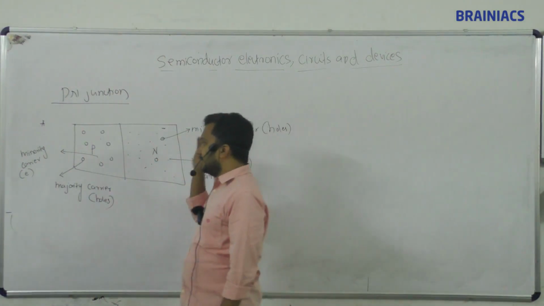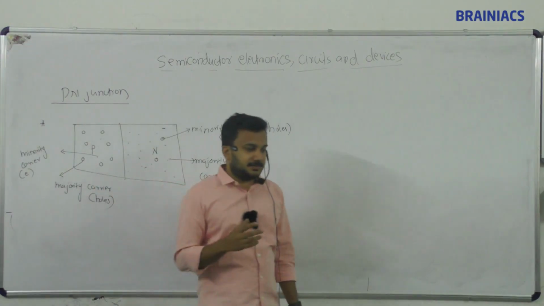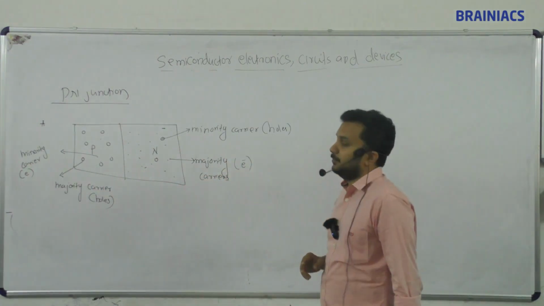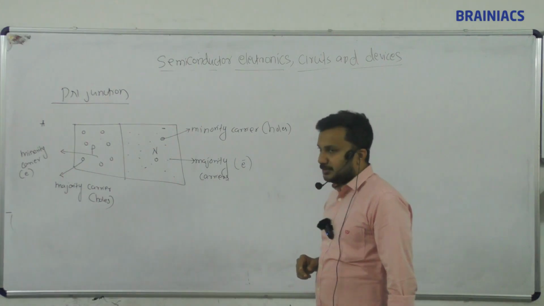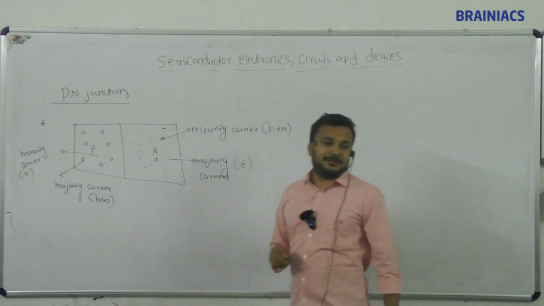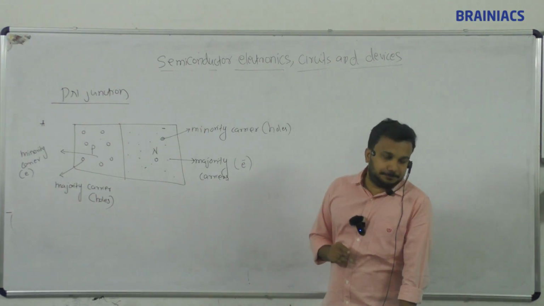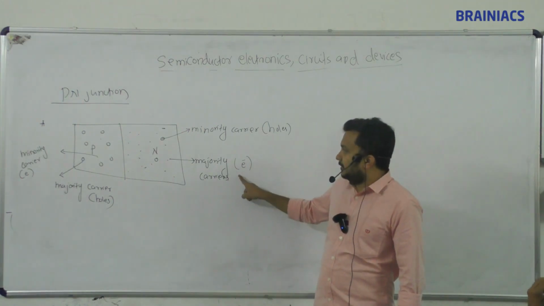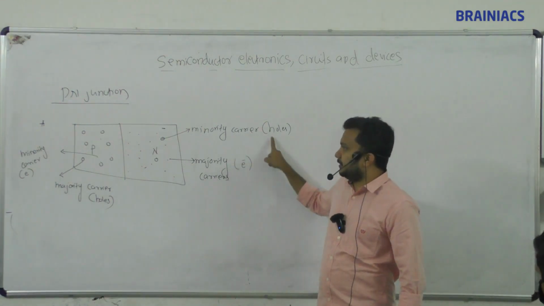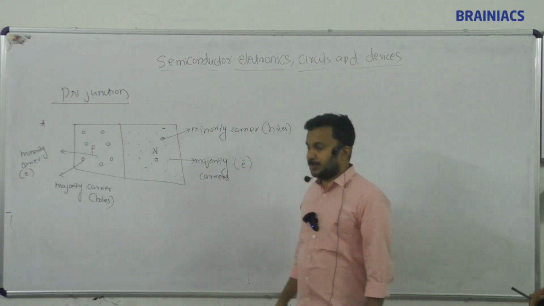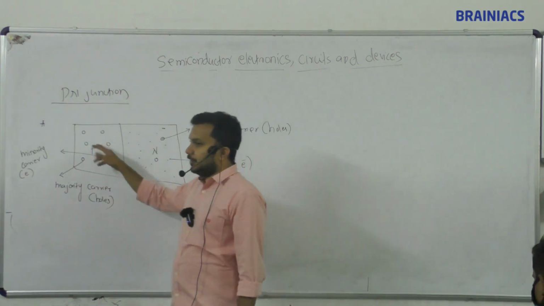This is a very simple theory. There are no complications. It's straightforward. Electrons and holes: on the N side, majority carriers are electrons and minority carriers are holes; on the P side, it is exactly opposite.